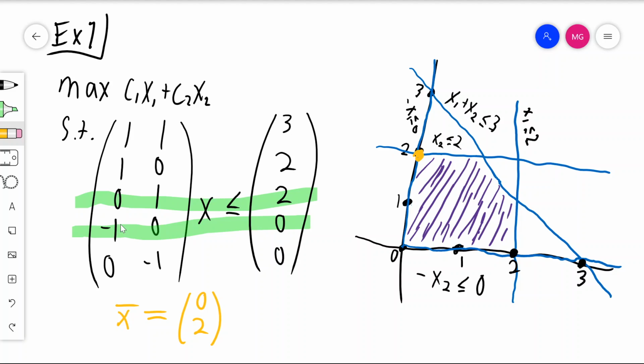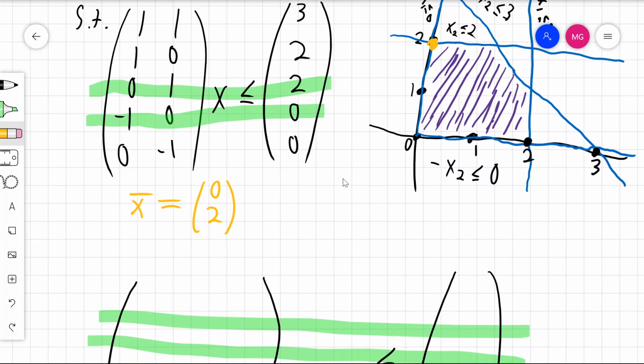Similarly, minus 1 times 0 plus 0 times 2 is 0, exactly equal to the right-hand side. Then, for example, 1 times 0 plus 2 times 1 is 2, which is strictly less than 3. So it still satisfies all these constraints, but the rest with strict inequality, and for these two with exact equality. That corresponds to the fact that it lies exactly on those two boundaries, whereas it does not lie on the boundary of any of the other hyperplanes corresponding to the other constraints.